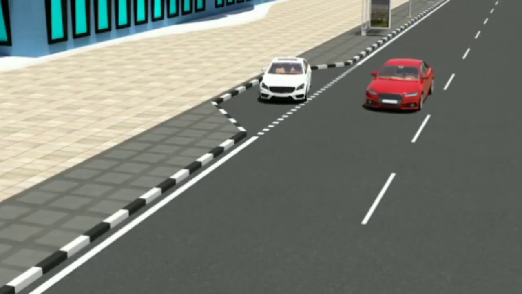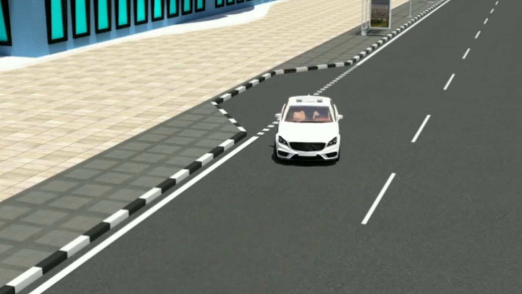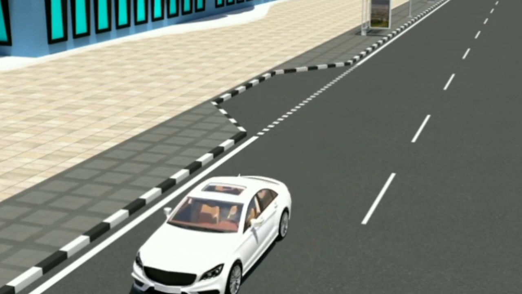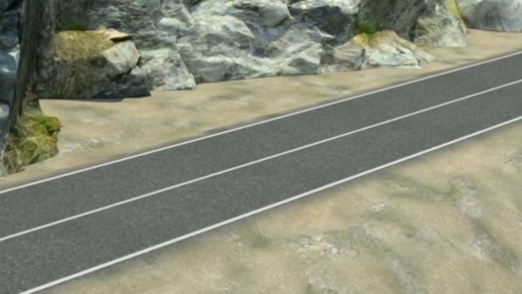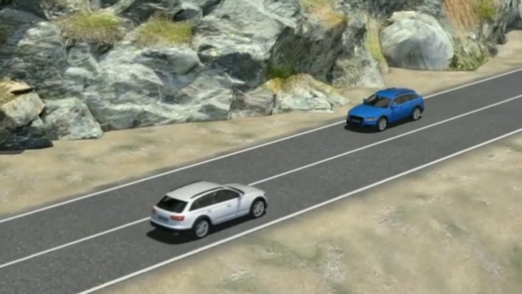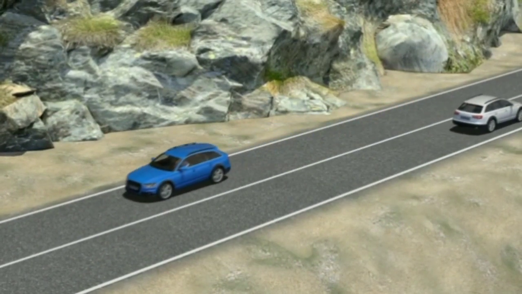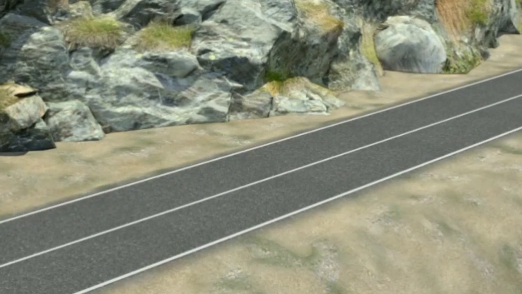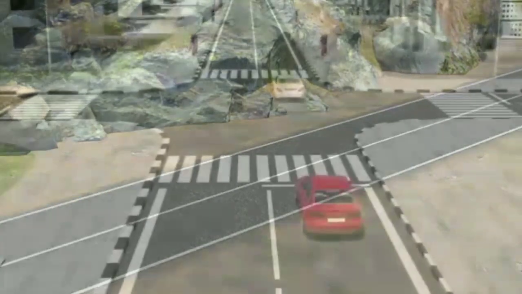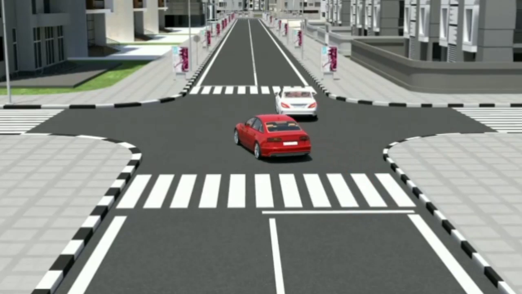Vehicles that are ready to exit from a stop or parking place at the side of the road to start moving. Vehicles that are moving on a slope when meeting other ascending vehicles. Vehicles that reverse at intersections.